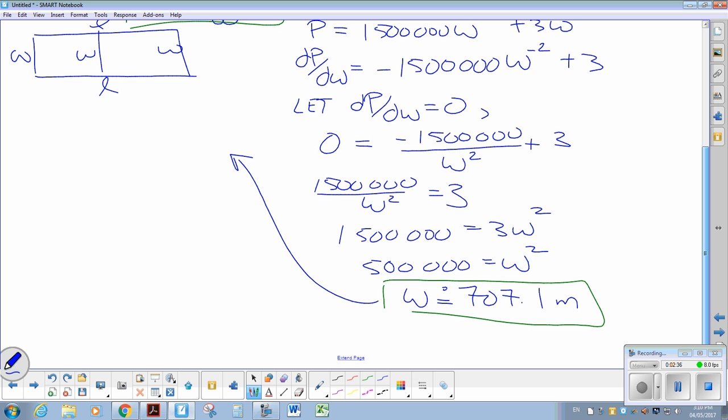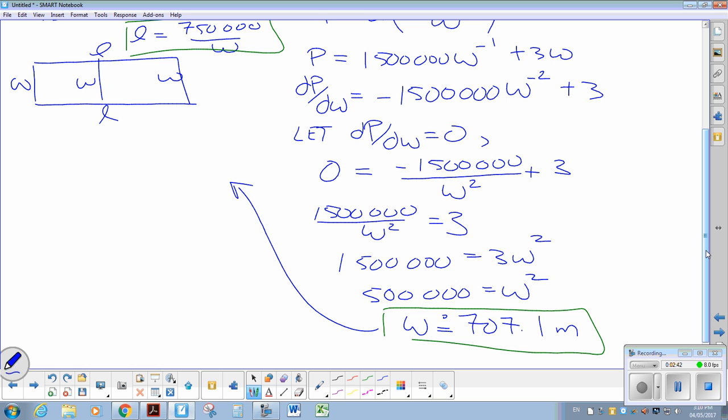Using that information, we can go back up to our equation. And just scroll up a little bit so I can see it. Length is equal to 750,000 over 707.1. So 750,000 divided by that, I get 1,060.7 meters.